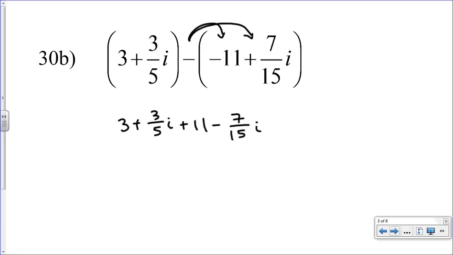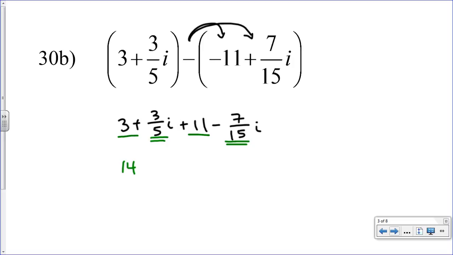So I don't have any radicals to simplify, so I just combine my like terms. 3 plus 11 is 14. 3/5 i minus 7/15 i. Just put that in your calculator. You're just adding those together. All right. If it were to give you a mixed number, it must be written as an improper fraction. This one's not, though. This is just a normal fraction.